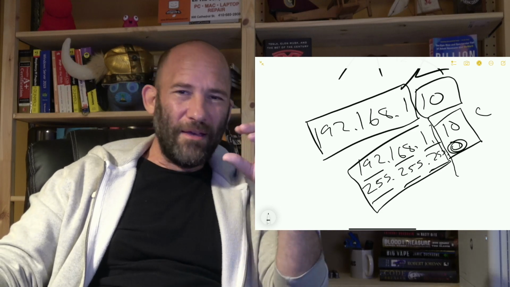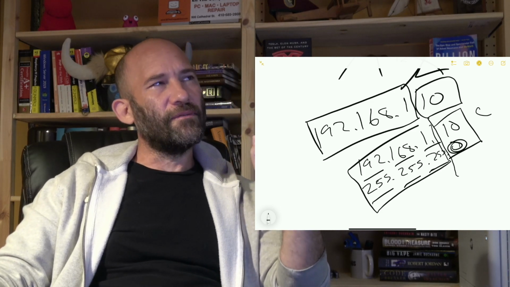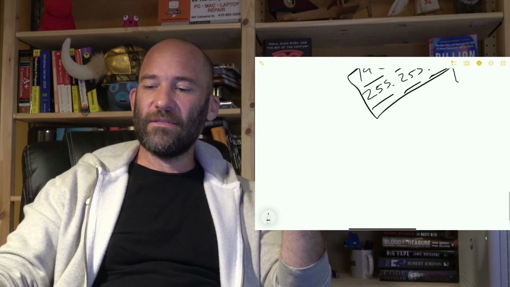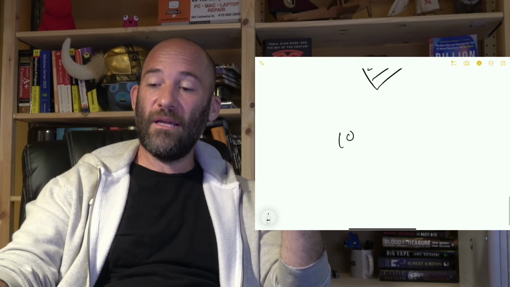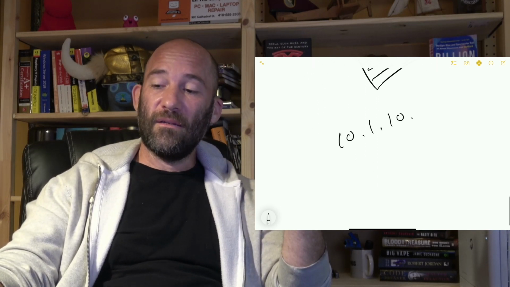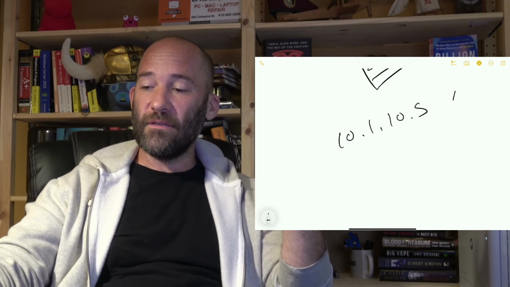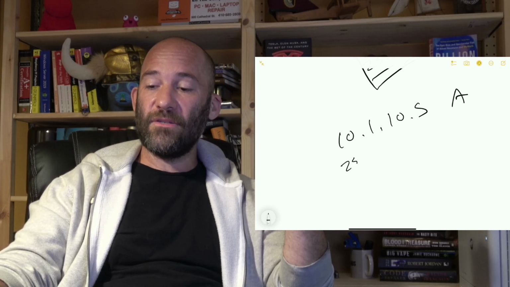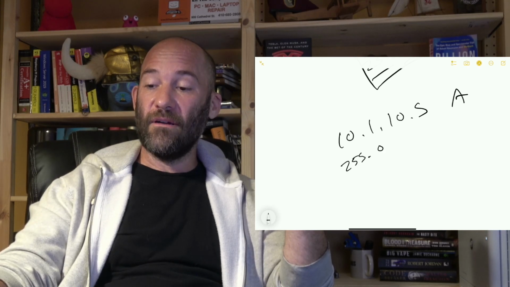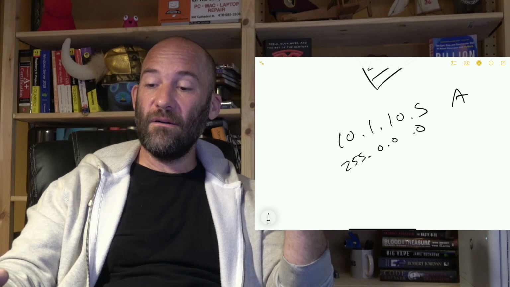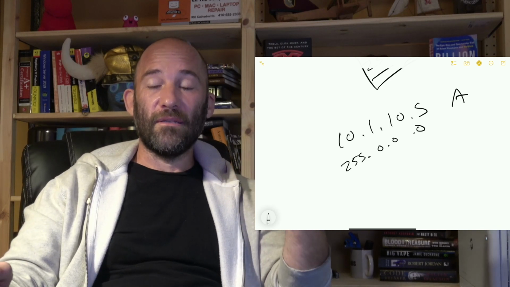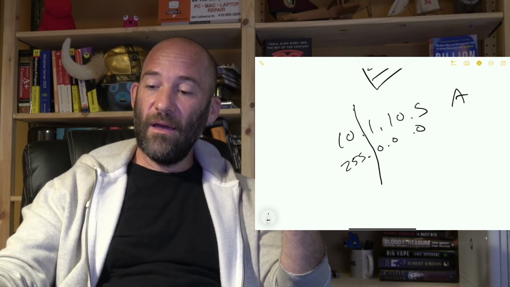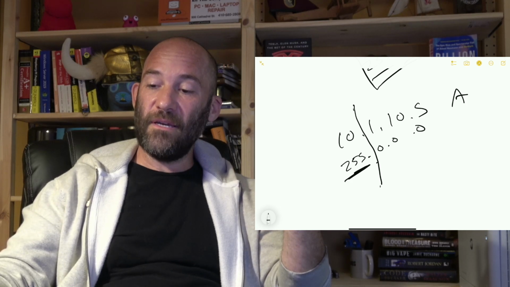And so basically, if you're looking at this from a real cursory example, let's say the 10.1 network, so 10.1.10.5, right? This is considered a Class A network. The subnet mask for Class A is 255.0.0.0. And so basically what I can do is take a look at this and go, okay, I see the 255 stops here.